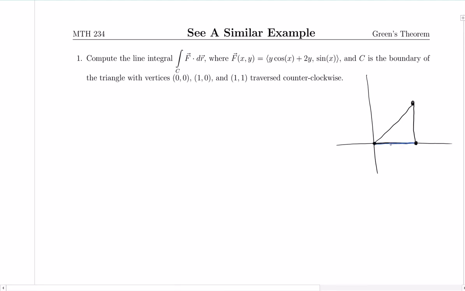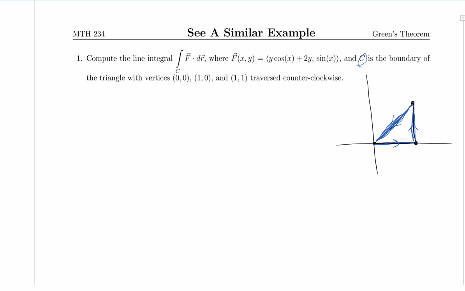I'm going to draw it in blue, and we're going counterclockwise. Okay, so this is our curve C in blue.